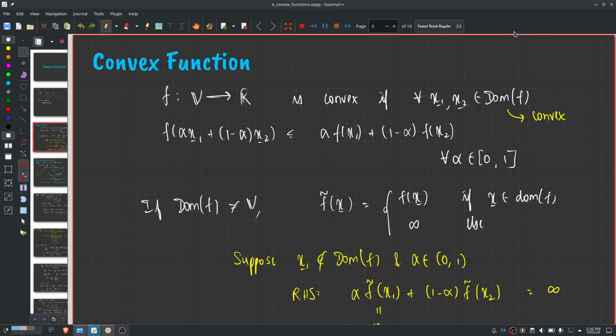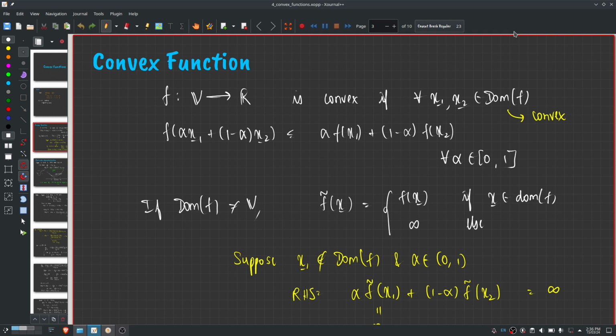Then you end up with a function which is convex everywhere. Okay, so we'll go back and forth a little bit in the classes. In general, I'll assume that the function is convex everywhere, but we may end up with functions which are convex only in certain domains, and you want to perform optimization in that particular domain.